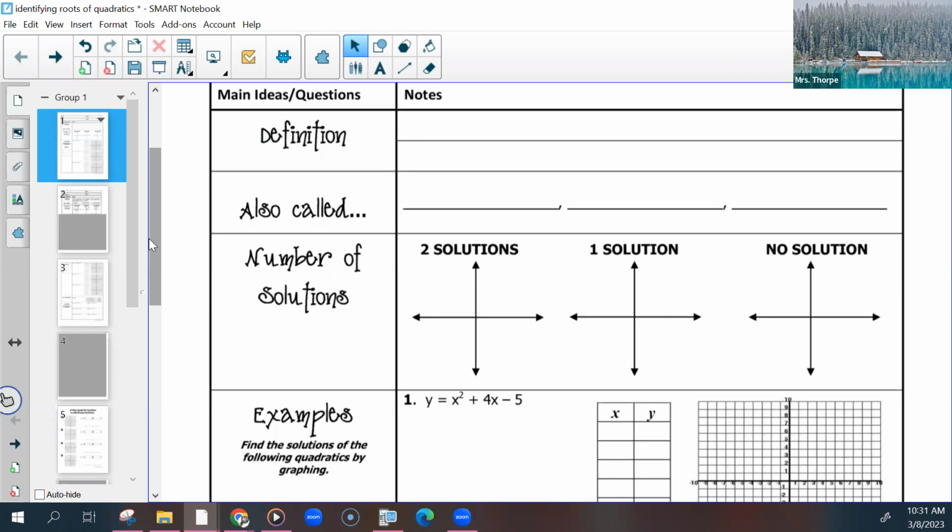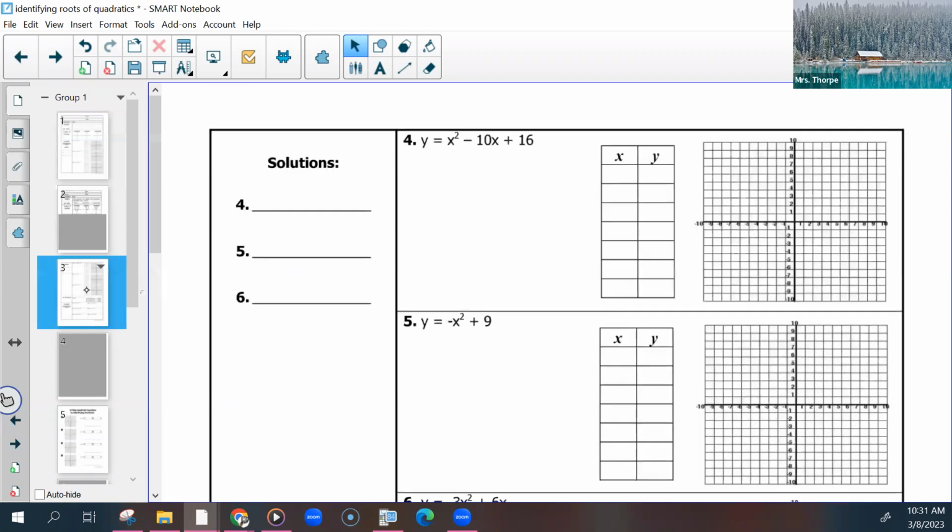Right, so we went through the first 3 examples on this page. On the back of this, we're gonna go through any of 4 through 6 that you want to see. So of those 3, are there any we want to see, go over, have questions about?